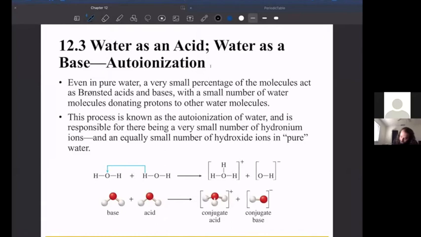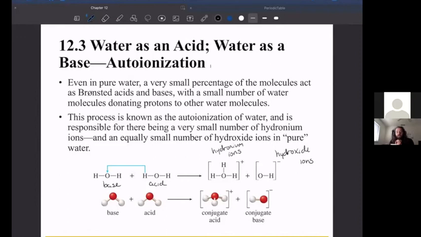One species is going to play the role of the acid and donate the proton, and the other one is going to play the role of the base and accept the proton, creating this sample of hydroxide ions and what we call hydronium ions. Right, so this is happening in water.